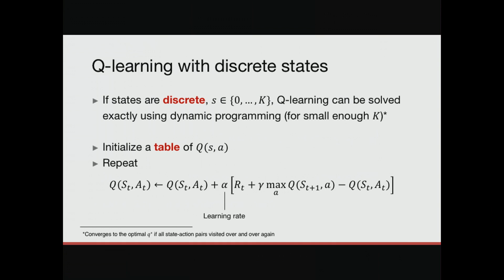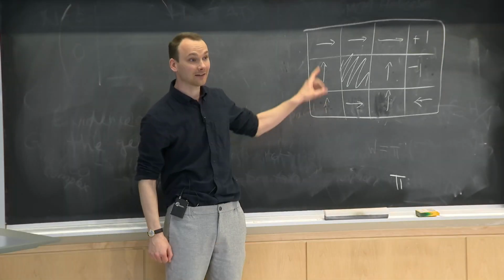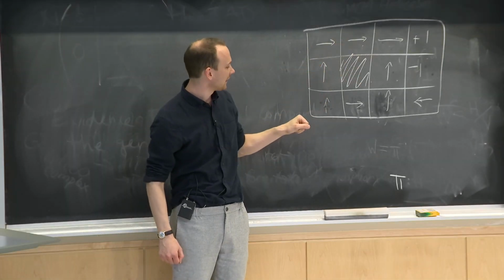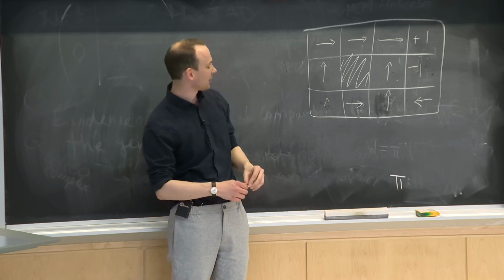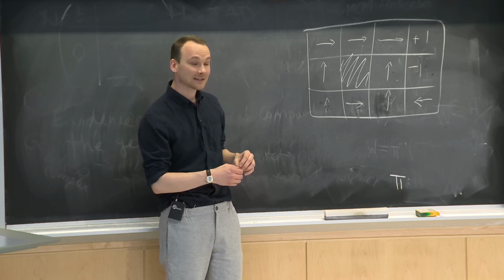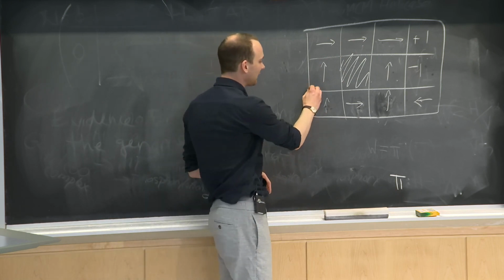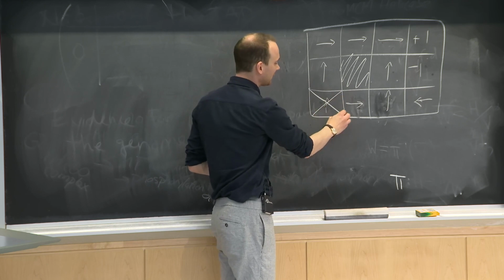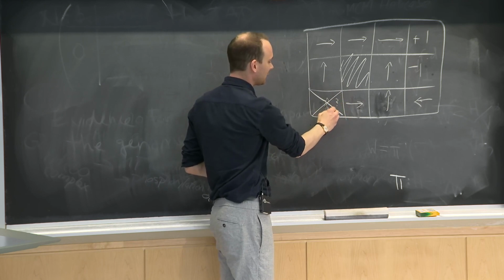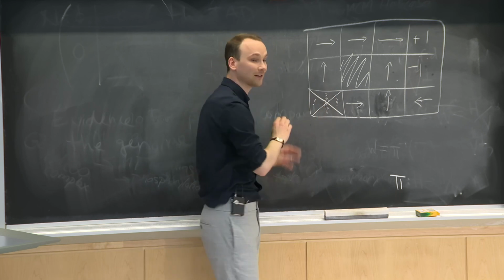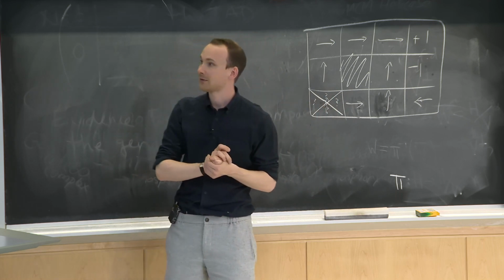So all you have to keep track of is how good is a certain action in a certain state, or all actions in all states, rather. So that's what we did here. This is a table. I've essentially described to you the policy here. But what we'll do next is to describe the value of each action. So you can think of it as the value of taking right, bottom, top, and left, essentially. Those will be the values that we need to consider.